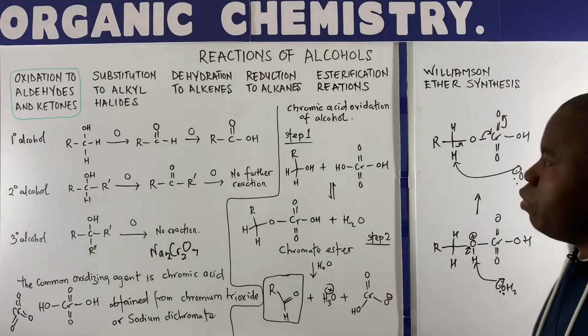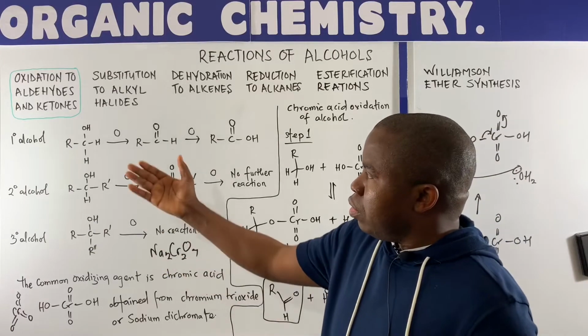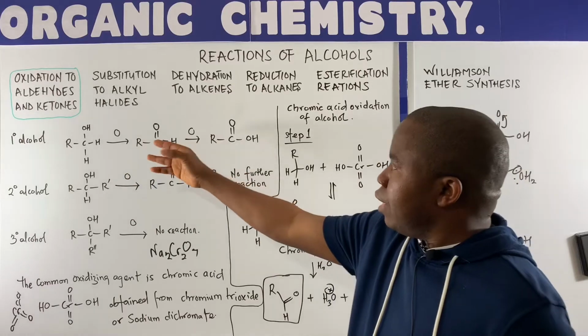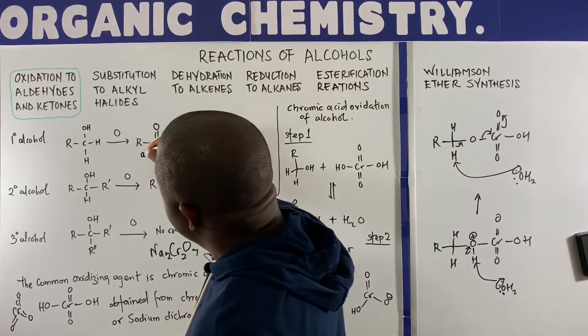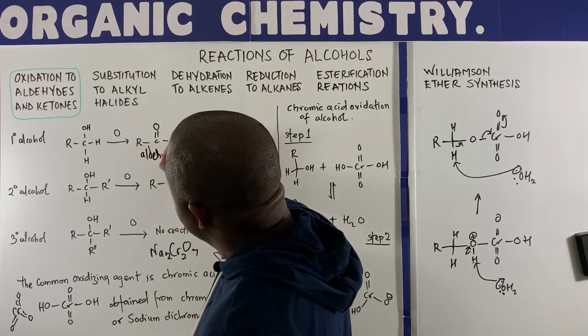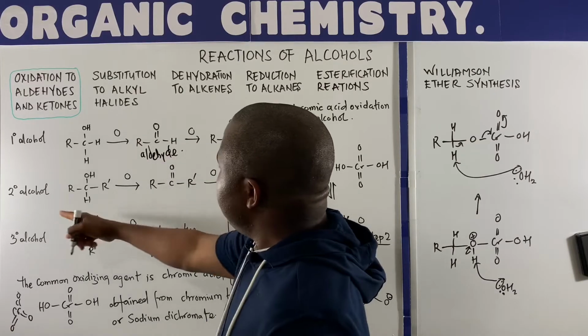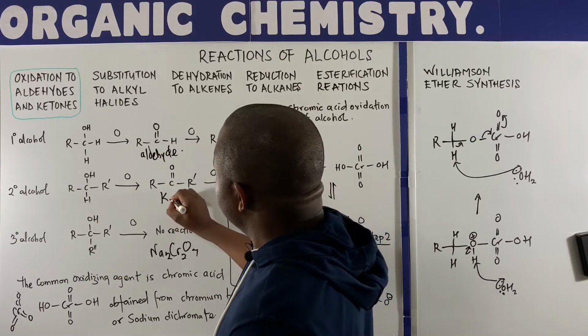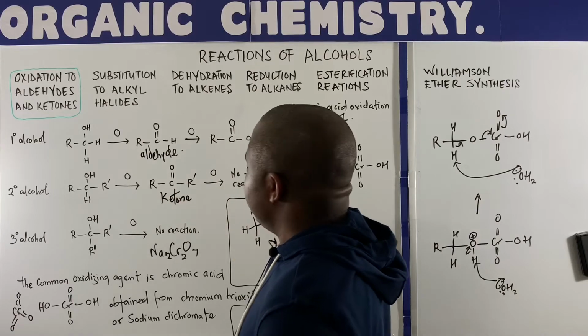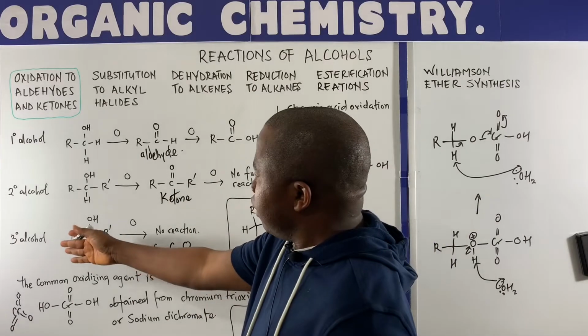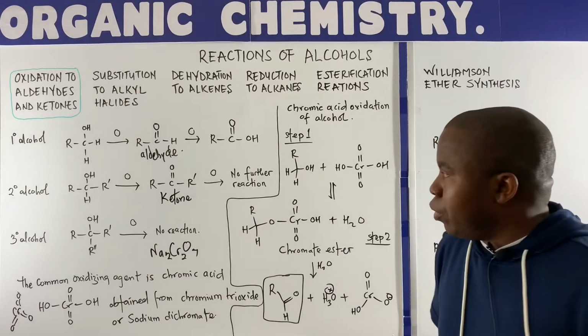So basically, when we have the oxidation reaction on a primary alcohol, we're going to get an aldehyde. This is an aldehyde. And if we do oxidation of a secondary alcohol, we're going to get a ketone. And the oxidation of a tertiary alcohol is not going to be possible.